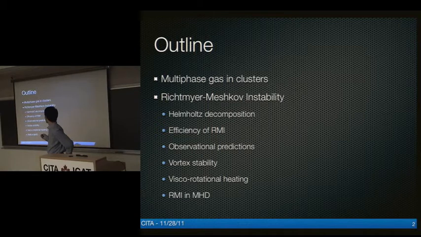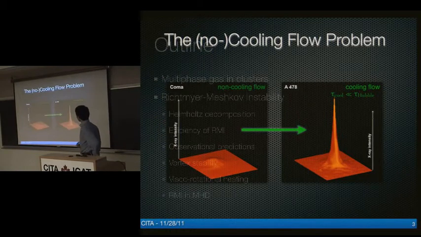Then I'll go into details about the specific process we're considering, the Richtmyer-Meshkov instability at the interface between the two media, and I'll clarify that later. At the end, I'll tell you a little about some recent MHD simulations that haven't been published yet.